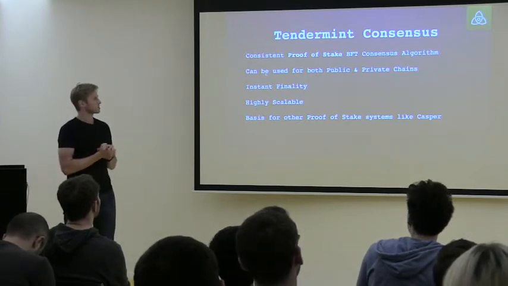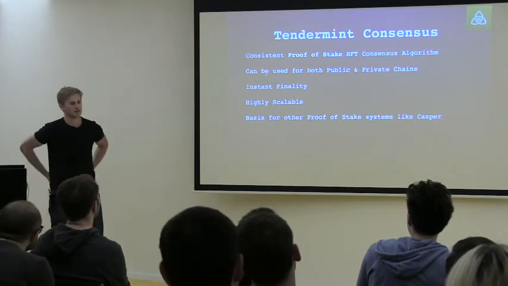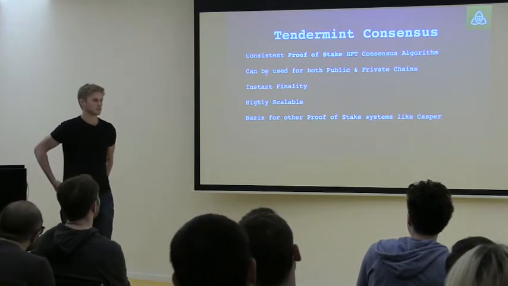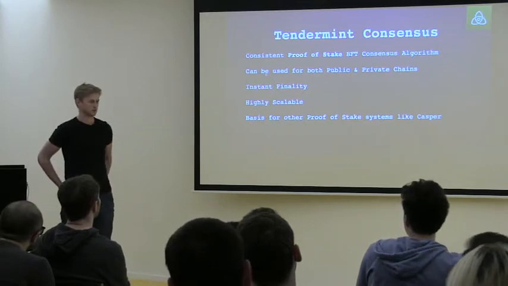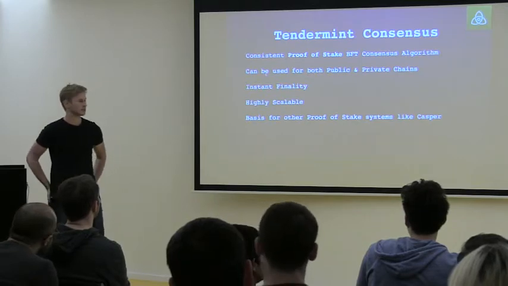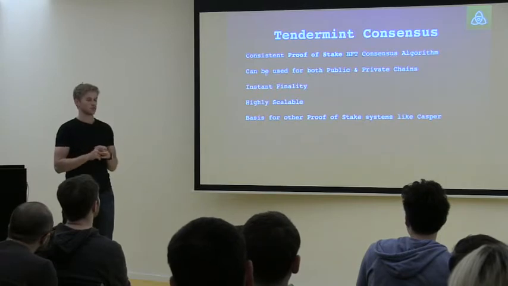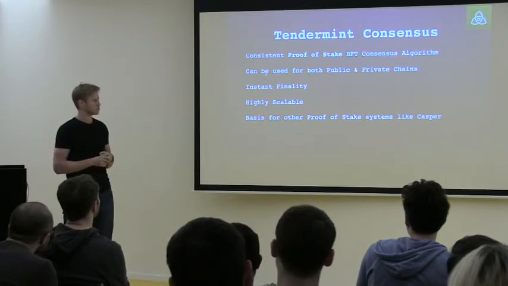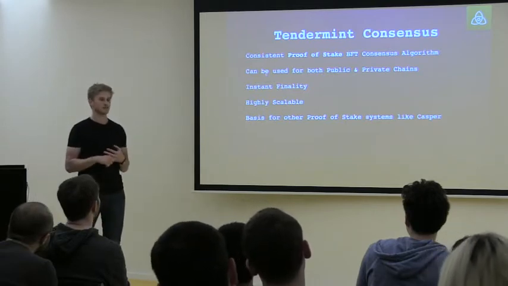So the Tendermint consensus, work on that started in 2014, and it was inspired by the whole literature around Byzantine fault-tolerant algorithms. There are academic papers on that starting in the 80s, and Jae back then looked at proof of work and some other efforts and said, okay, this is not very efficient.